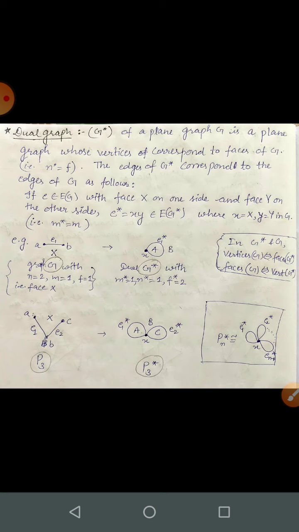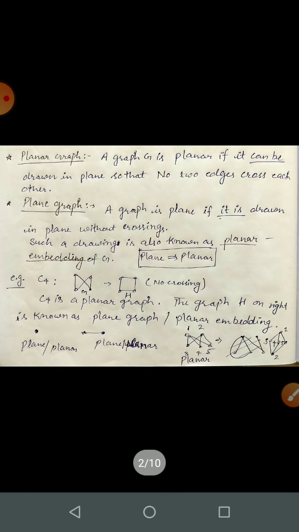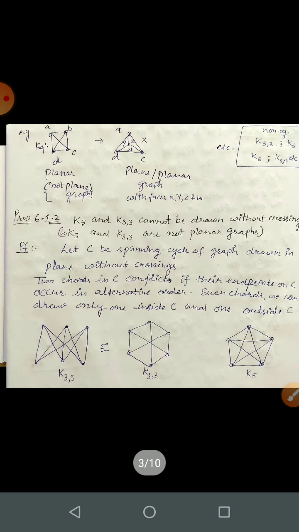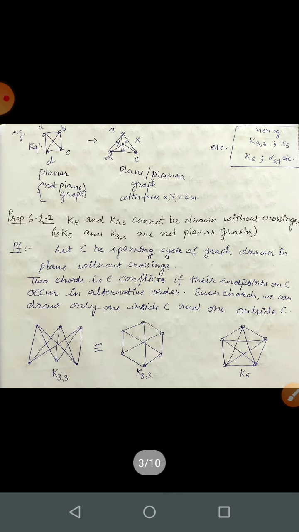In lecture 33 we did some basic properties of planar graphs, some problems on that, and planar embedding, and we proved that K3,3 and K5 are not planar.